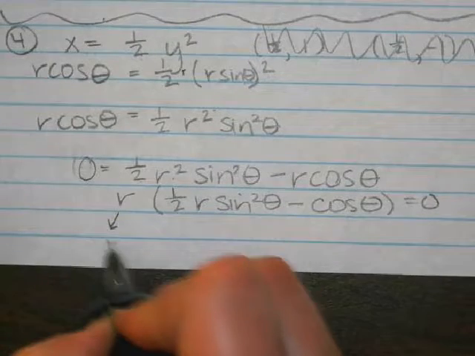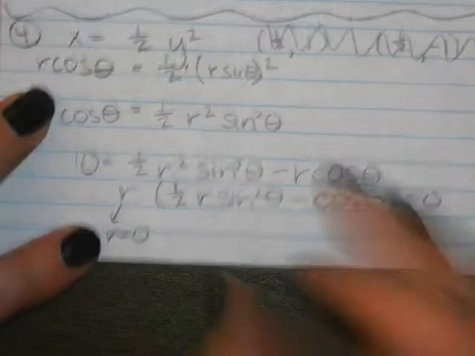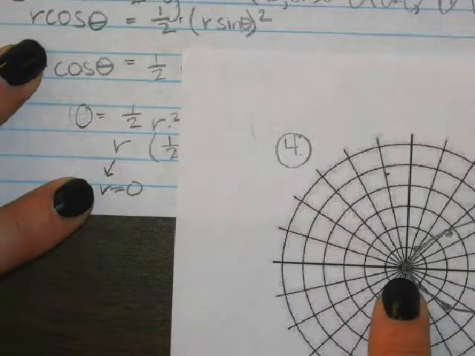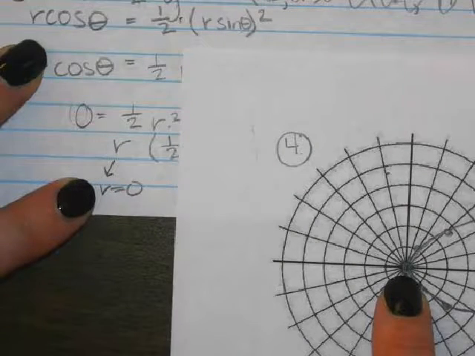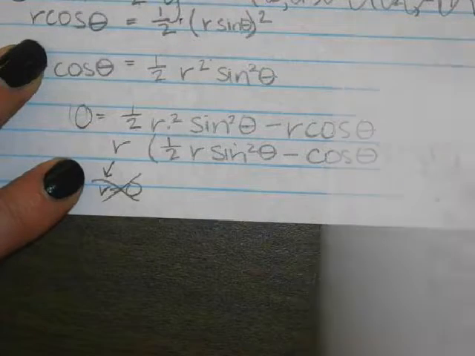So this r equals 0. And this right here where it says r equals 0, it's just like, hey, if you look at your graph, it hits the point 0. And you go, cool, thanks for letting me know. I don't care about you.